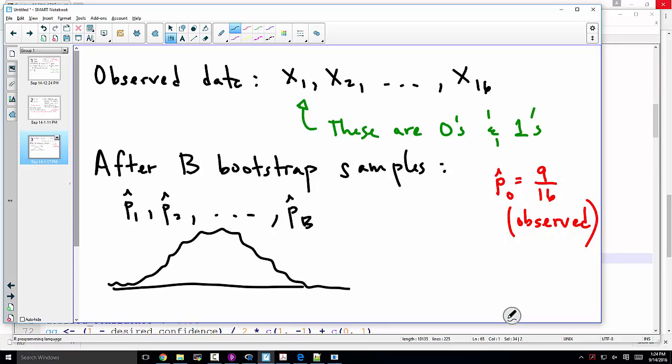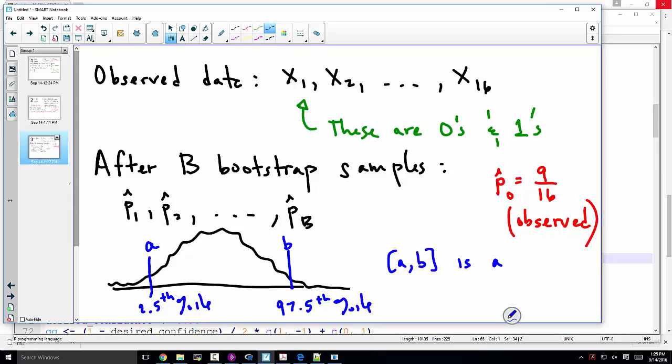And what I'm saying in the script in just a second here is, if you come over to this side and get the 2.5th percentile, and then go over to this side and get the 97.5th percentile, let's call it A up to B. The interval from A to B is what's called a 95% confidence interval for the parameter P.